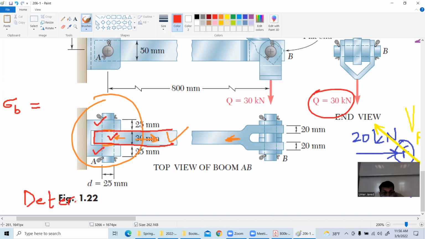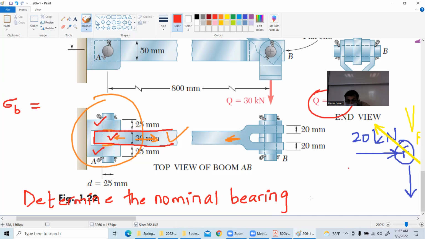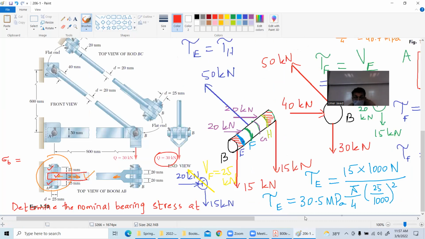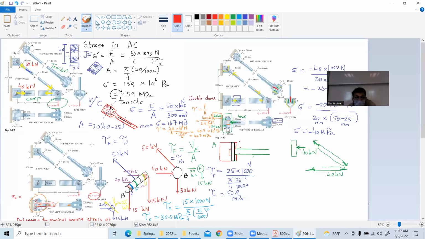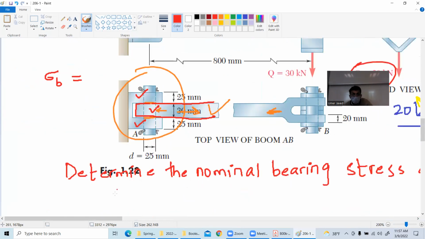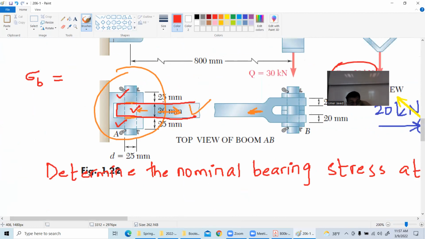Determine the nominal bearing stress at A in member AB.